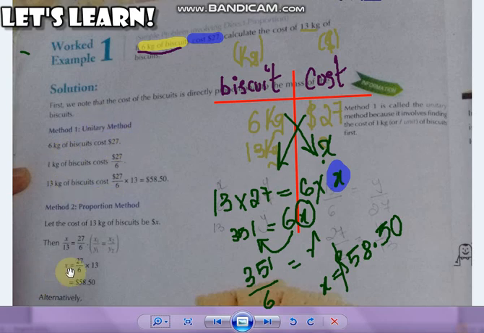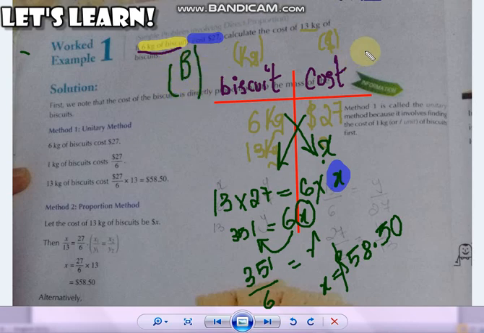Or if you go for the proportion method, what you do here is denote these two values with unknown variables. Let's suppose you denote the biscuits with B and the cost with C. Then you use the formula with x1 and x2, y1 and y2. What is the x1 over here?